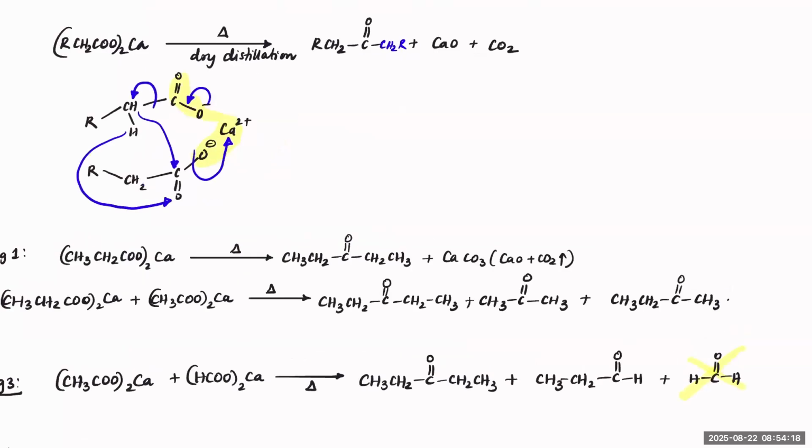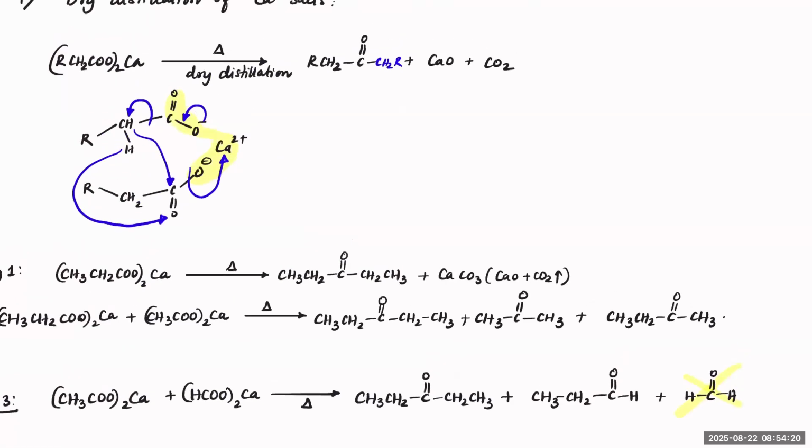Let me show you. Suppose you have CH3, CH2, C double bond O, and CH3 and C double bond O. Here we have oxygen, oxygen with a calcium 2 plus. Now let us put these scenarios here. In this scenario, I would have to remove the calcium carbonate from here.